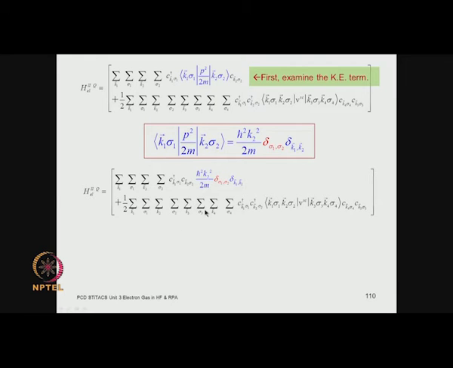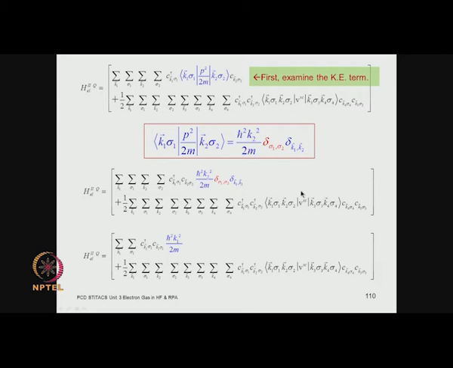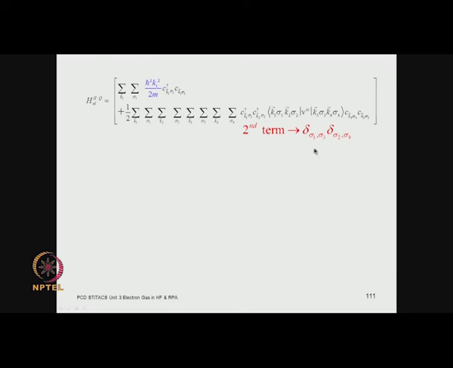Now, let us look at the second term, which has got this two center interaction. These are not the Coulomb interactions, but the screened Coulomb interactions. So, this is the term that we will now work with, which is the screened Coulomb term.